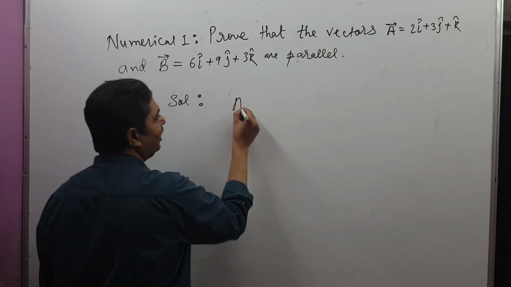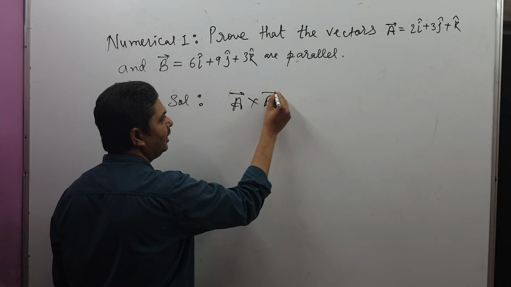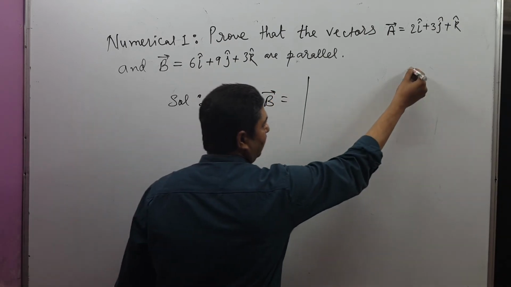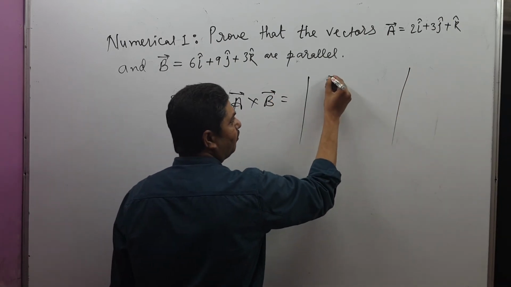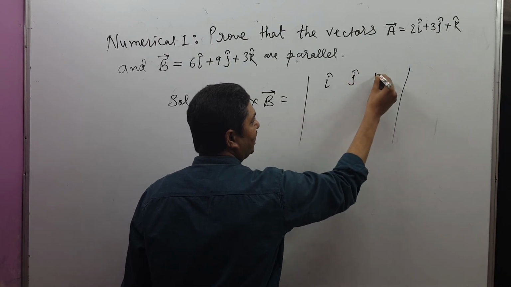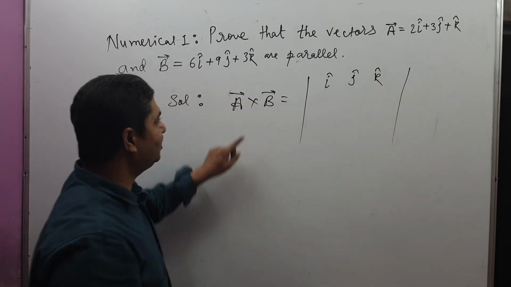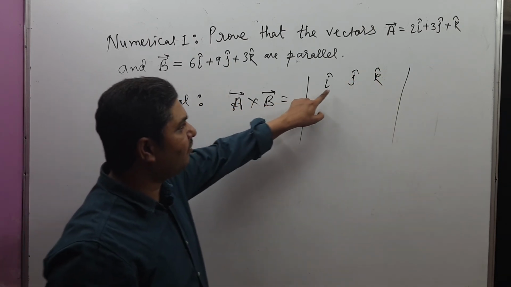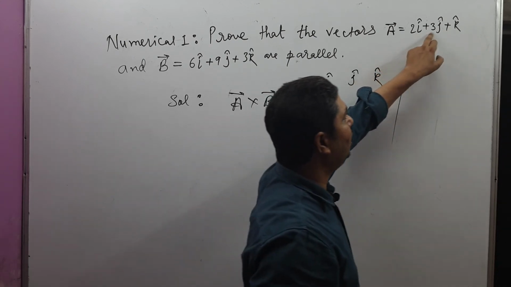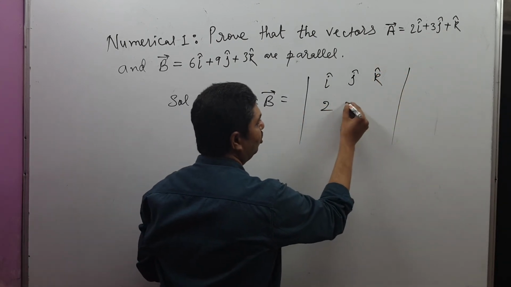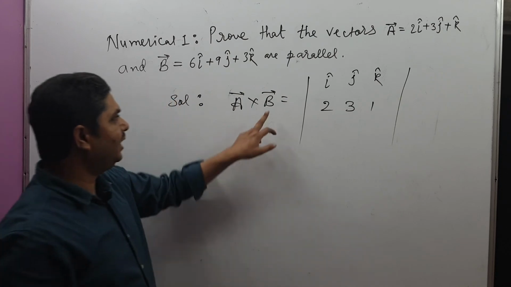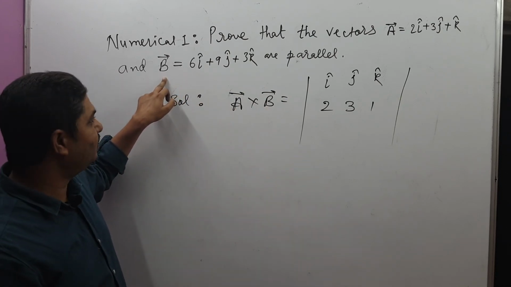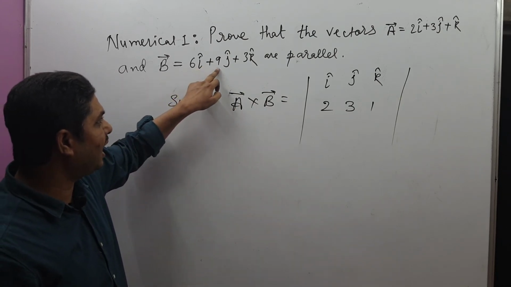You write here A cross B in determinant form with I cap, j cap, k cap. See, the first row is A, so the coefficients of i, j and k are 2, 3, 1. Right here 2, 3, 1. And the second row is B, and the coefficients are 6, 9, 3.